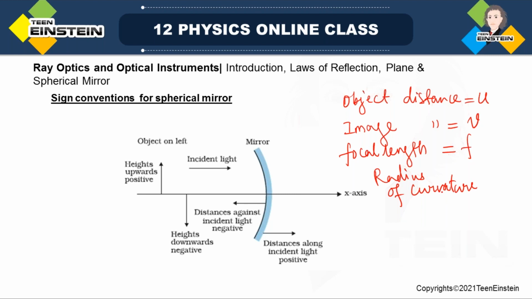these are the distances which will be measured from the pole. See, this is the pole, this is the principal axis. From there we have to measure these distances, and the radius of curvature is denoted by capital R. These are the distances we have to measure. And also look, there are certain rules or conventions to take the signs of these distances: object distance, image distance, focal length, radius of curvature.